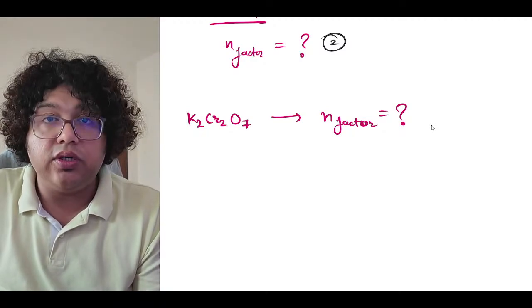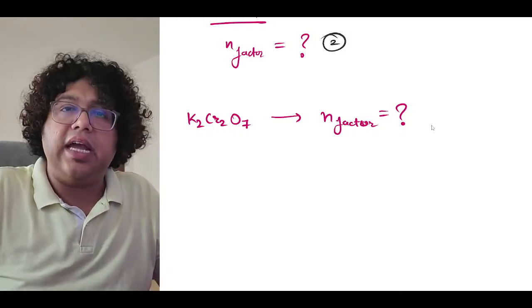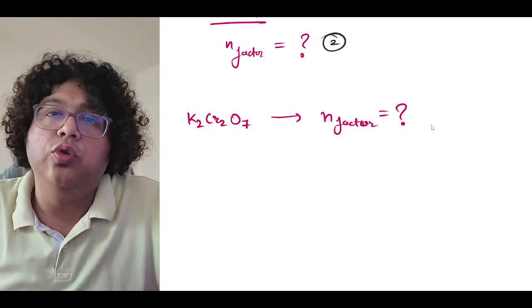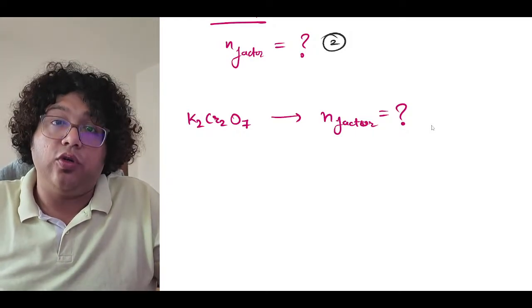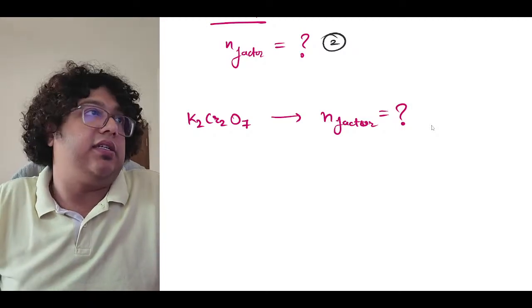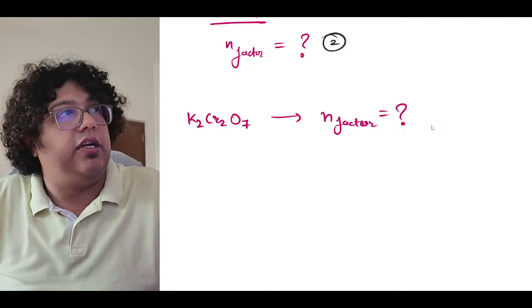We have done a question on this. After reaction, I will just give you a very simple hint. It goes into plus 3 oxidation state. Chromium goes into plus 3 oxidation state after the reaction. You just have to tell me the N factor for potassium dichromate.